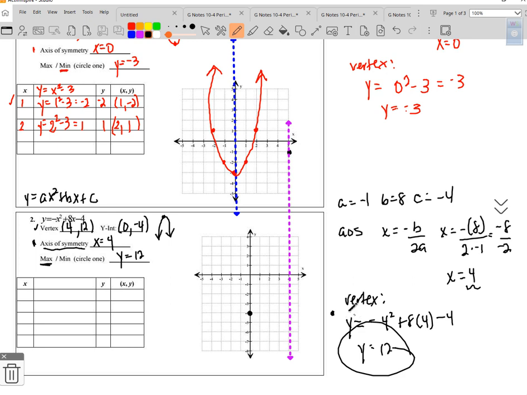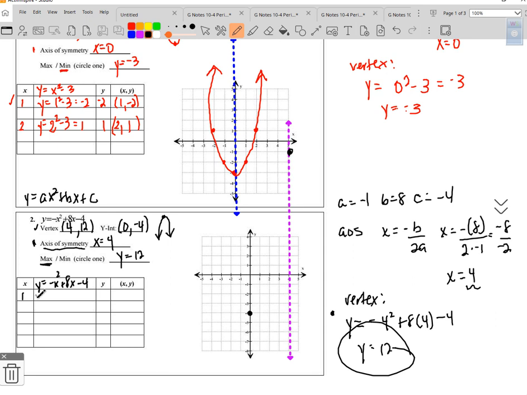And now we need to pick one more point. I'm going to pick one somewhere in between this point and 4. So I'm going to pick 1, because I don't want to pick anything like negative 4. It's going to give me a point way out far away. So I'm going to pick one in between these 2 points. So the x-coordinates in between here would be 1, 2, or 3. So I'm going to use 1. So remember, the original equation is y equals the opposite of x squared plus 8 times x minus 4.